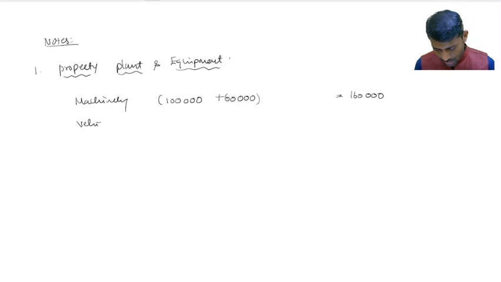Vehicle: 1,80,000 plus 70,000, 2,50,000.